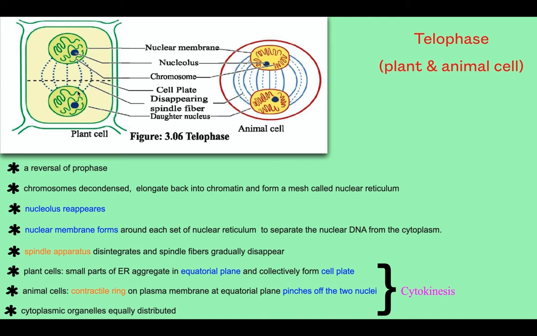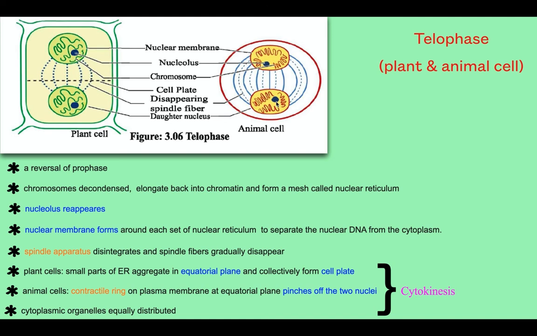This will be elongated back into chromatin and form a mesh called nuclear reticulum. And nuclear membrane will be developed surrounding this nuclear reticulum. So after the reappearance of nucleolus and nuclear membrane, there are 2 equal nuclei inside the cell, and up to this is karyokinesis.